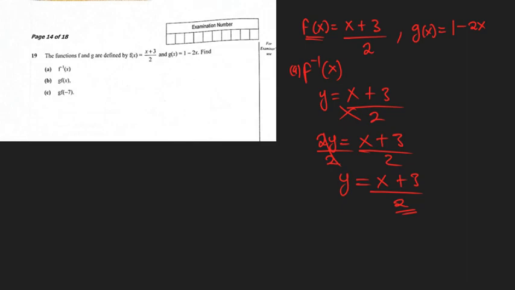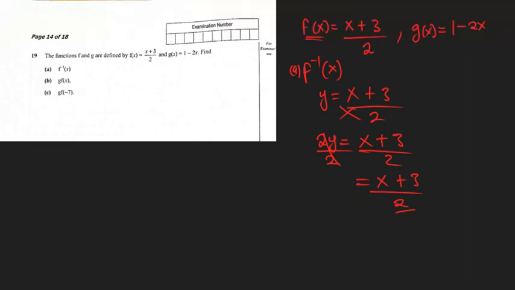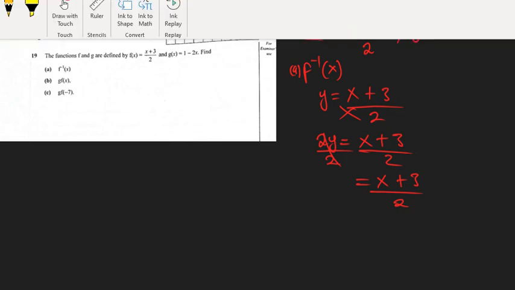When you reach the end, you replace this part here. Okay, I was supposed to make x the subject.